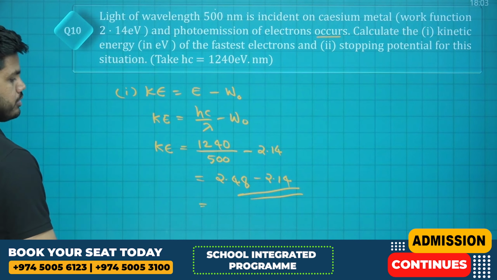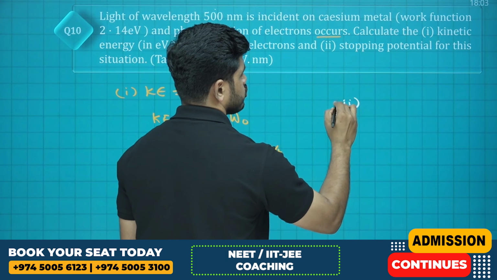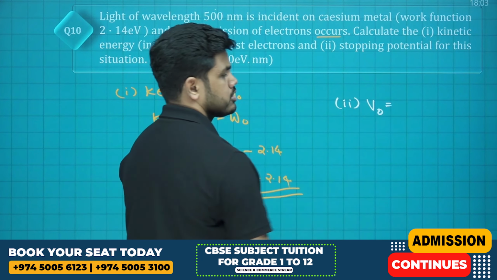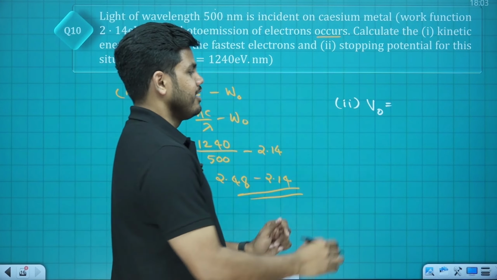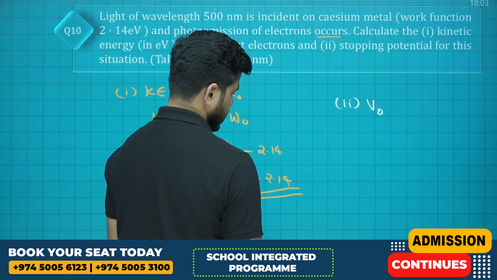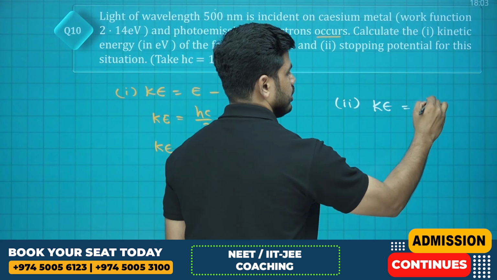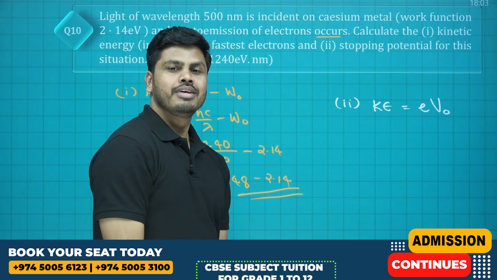And how will you find out the stopping potential? We know second part of the question was to find the stopping potential. Stopping potential is E into V naught is equal to kinetic energy, right? Kinetic energy is equal to E into V naught.